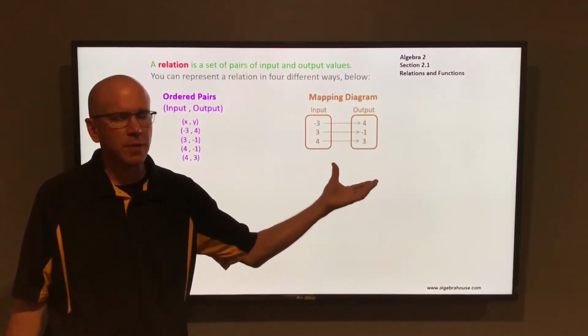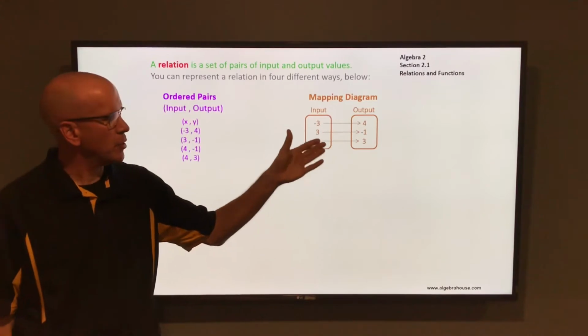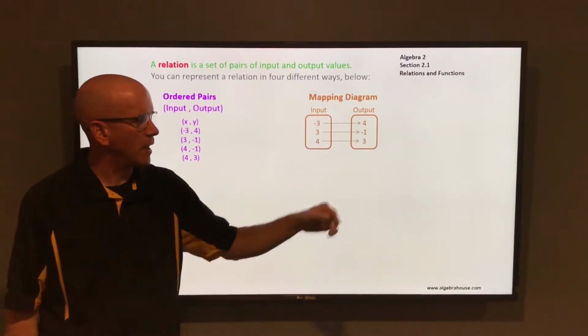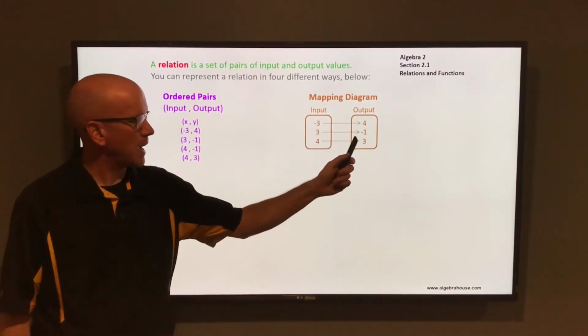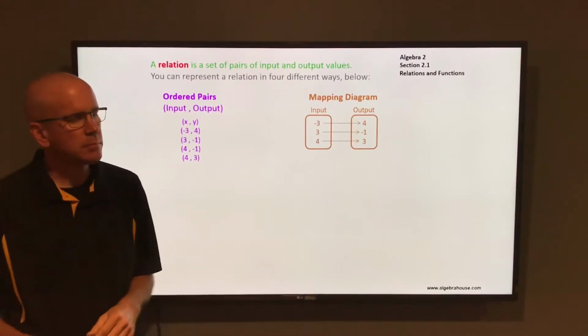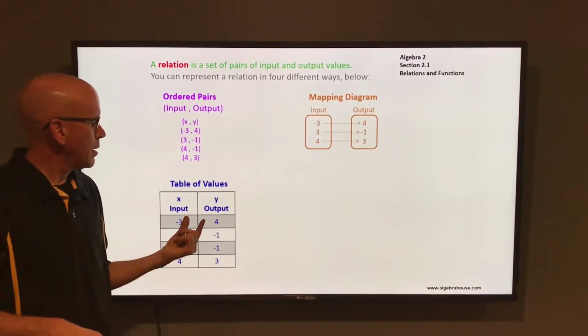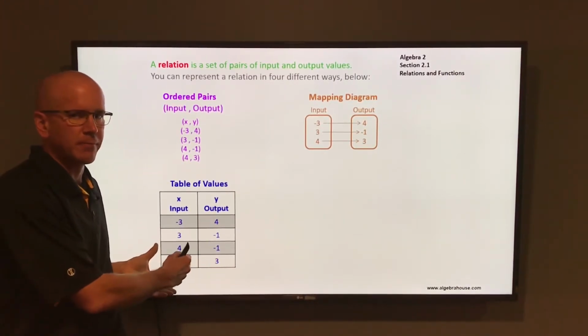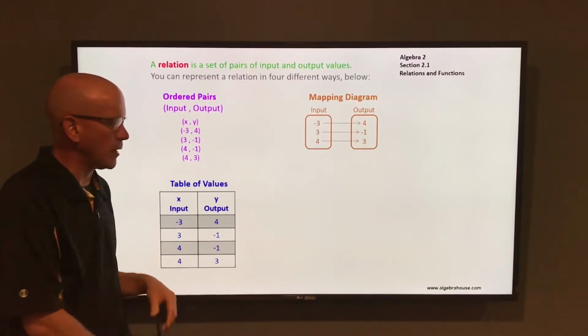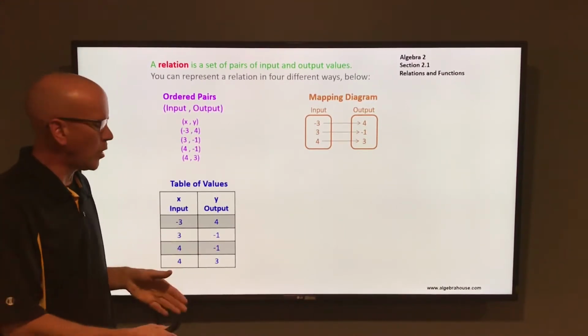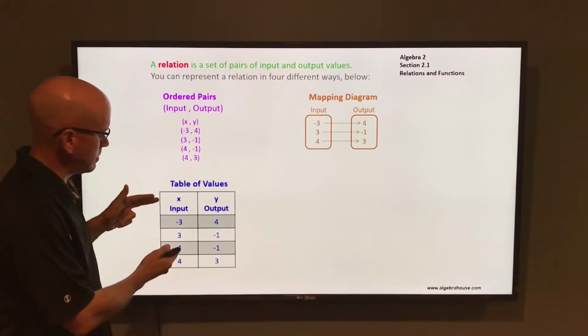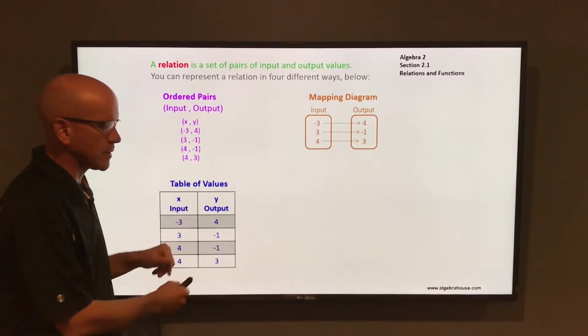Another way, not so common, is by a mapping diagram where you map the X values to the Y values, or the input is mapped to the output. Another, this one you are familiar with, is a table of values. You've done these in Algebra 1. Usually the X is on the left, the Y is on the right.